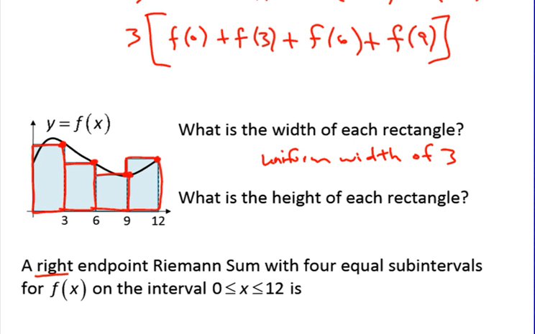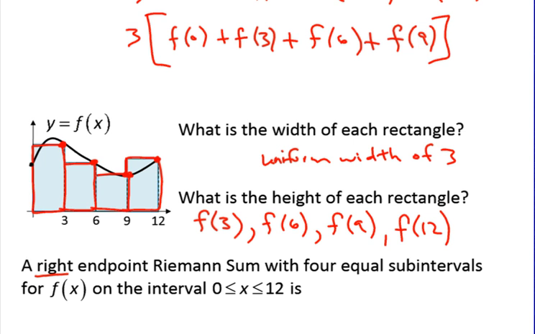If you look now, f of 0 is not an endpoint. So our first endpoint is f of 3. So our first rectangle now has its endpoint at f of 3, then f of 6 for the second, then f of 9 for the third, and now you can see 12 is the rightmost point, and it now has a rectangle. Okay?